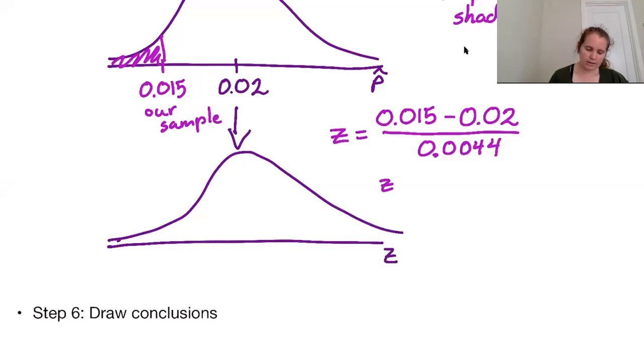And we get that z is about negative 1.13 or negative 1.14. So we have a z-score of negative 1.14.